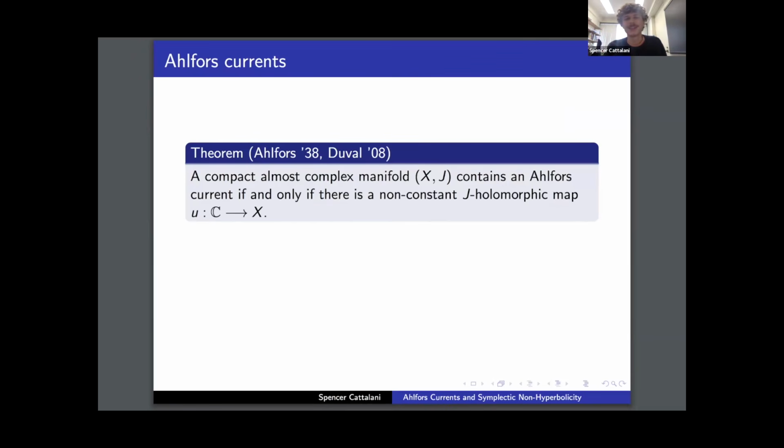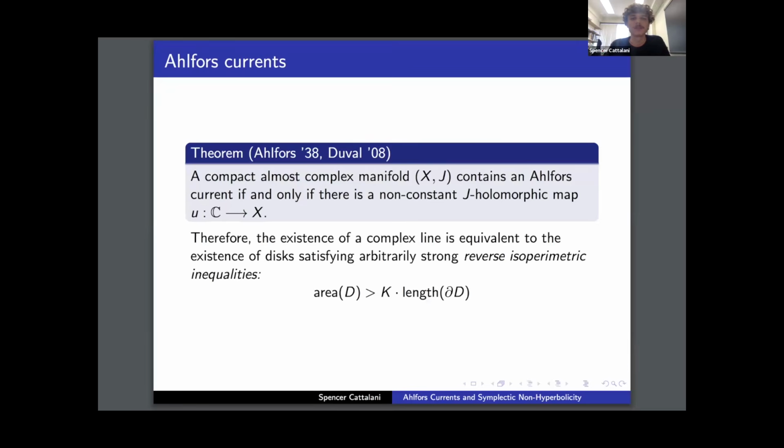The existence of an Ahlfors current is due to Ahlfors. It's called the Ahlfors lemma, which is why they're called Ahlfors currents. The converse direction is due to Duval, and he actually proved a stronger theorem. He showed you can get some geometric control on the curve you construct. But there's not a one-to-one correspondence.